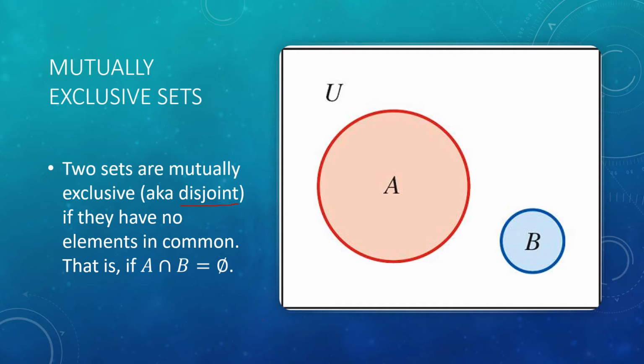That is, if the intersection is equal to, do y'all remember this symbol? The intersection is equal to the empty set. That symbol represents the empty set. So they have no elements in common, and their intersection is equal to the empty set.